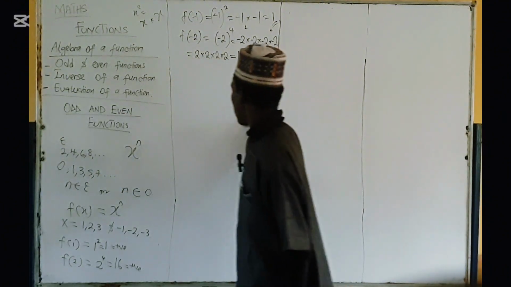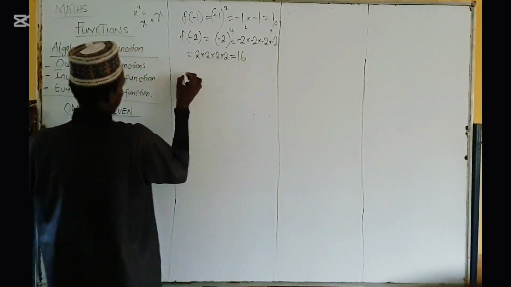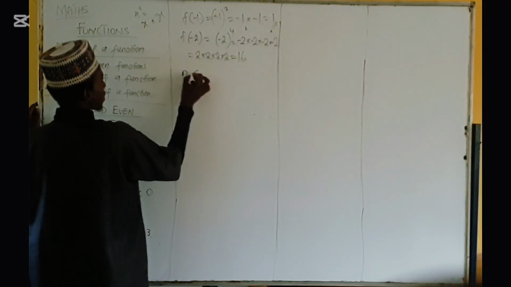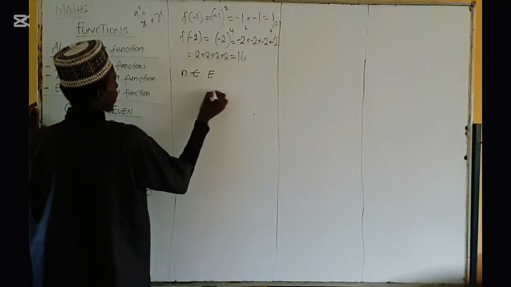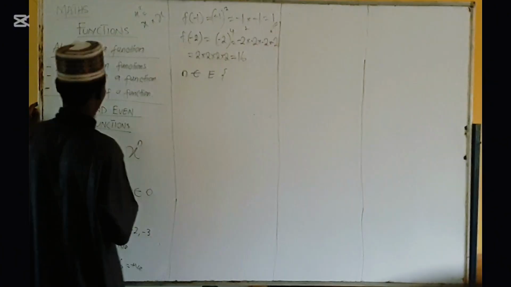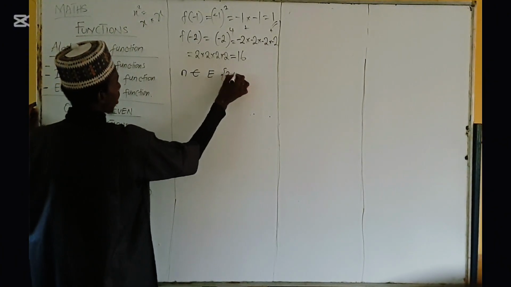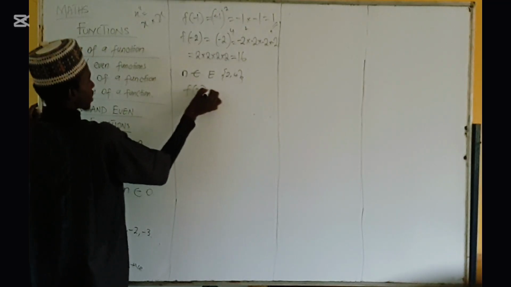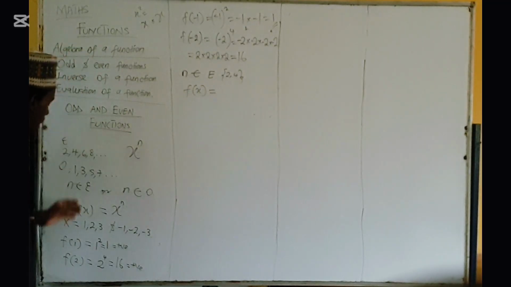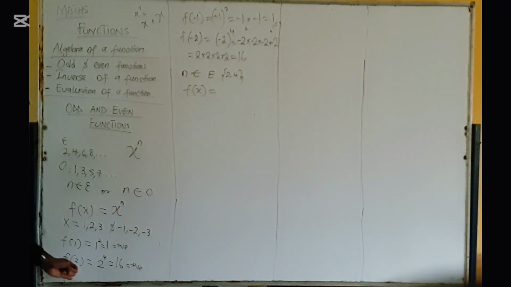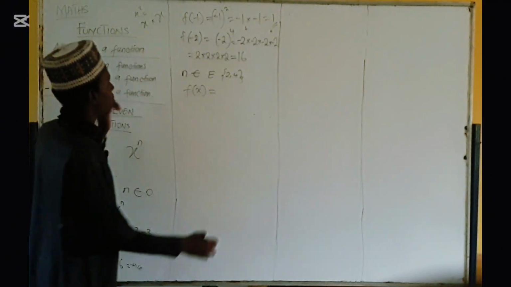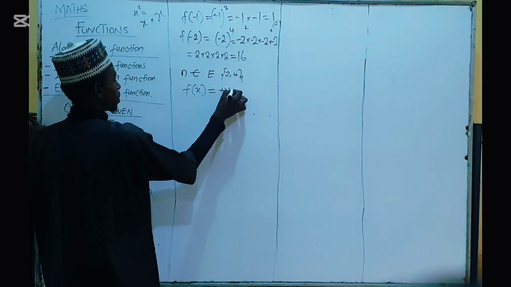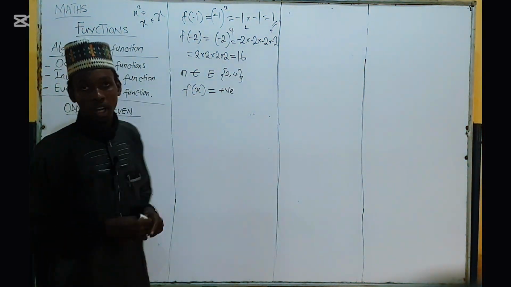So our conclusion is whenever n is from even numbers, for example when the power is 2 and 4, f of x always becomes positive, whether you insert positive or negative numbers.